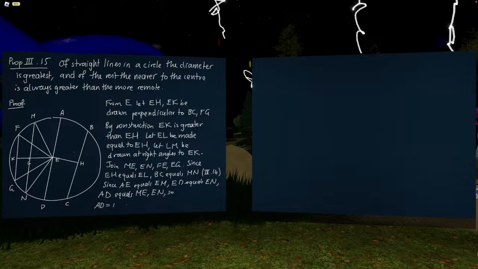I'll just write it like this. So that is greater than or equal to MN, and MN is equal to BC. So that shows that AD is greater than or equal to BC. Okay, so that's the first claim, that any line is at most the diameter.